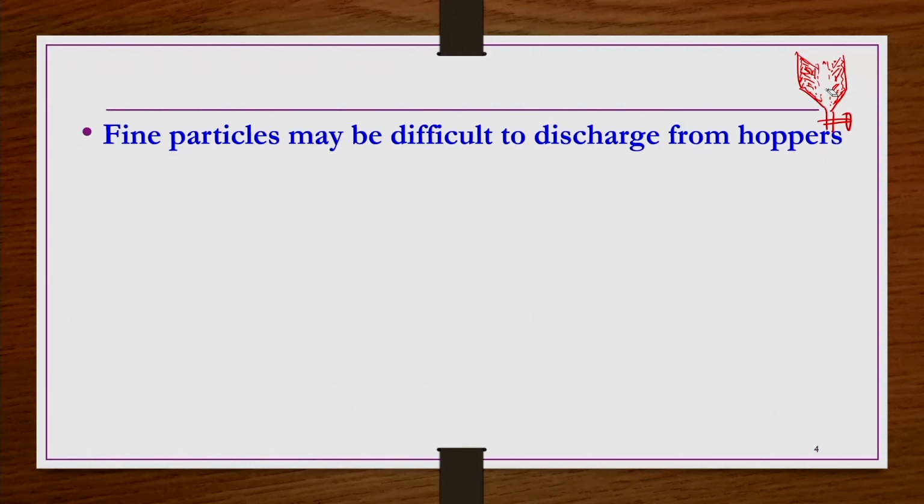Sometimes we have also seen that a kind of bridge formation of the particles takes place. So what happens is that the solid fine particles below the bridge formation level will be taken down, and that may come comfortably, but the material above the bridge may not be able to flow down, because the interparticle friction is so high that the particles come together and form a kind of bridge, and then they do not allow the material above them to flow down.